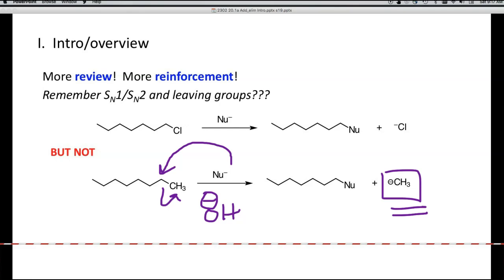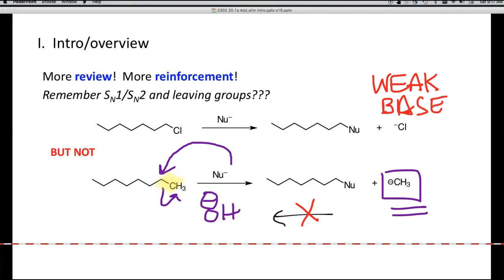This is a good, strong bond. So pretty much there's no way that this reverse reaction is going to take place. So no on that. We can kick out leaving groups, but they have to be good leaving groups, meaning a weak base, meaning stable. It's stable with its pair of electrons.